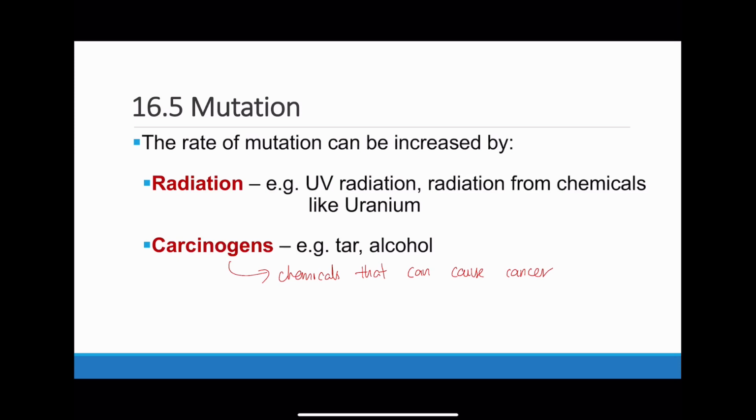These two categories, radiation as well as carcinogens, are what I call mutagens. Mutagens refers to factors that increase the rate of mutation. These two are the main factors that can result in mutation. Of course, there are other kinds of factors like chemicals, etc.